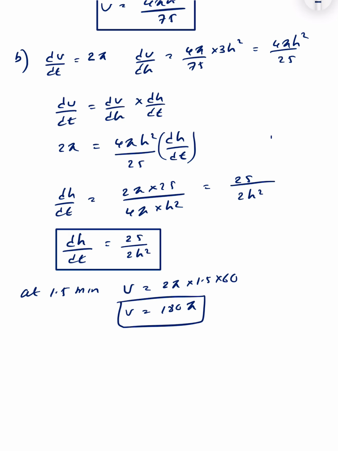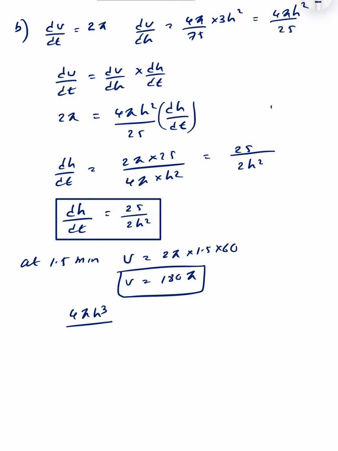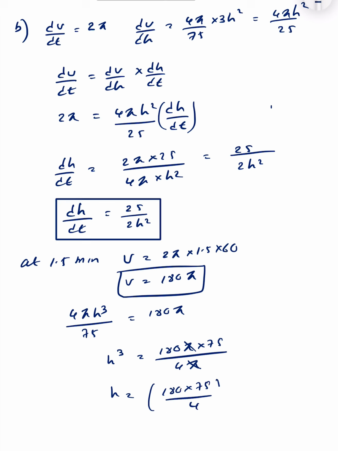And now we can use 4 pi h cube over 75 equal to 180 pi. This gives you h cube is 180 pi into 75 divided by 4 pi. Pi and pi cancel off. h is 180 times 75 over 4, to the power of 1/3.